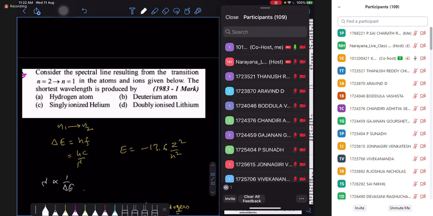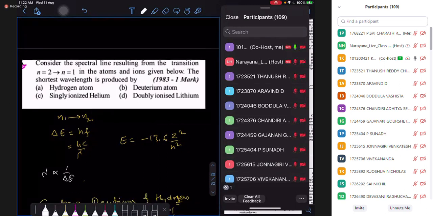Now energy depends upon my Z. Hydrogen has Z equal to 1, deuterium has Z equal to 1, helium has Z equal to 2, lithium has Z equal to 3, right? So lithium has the highest Z value, so the shortest wavelength is for lithium. Clear?